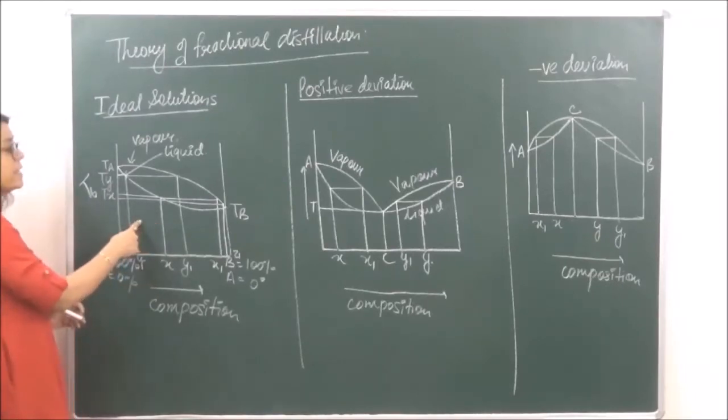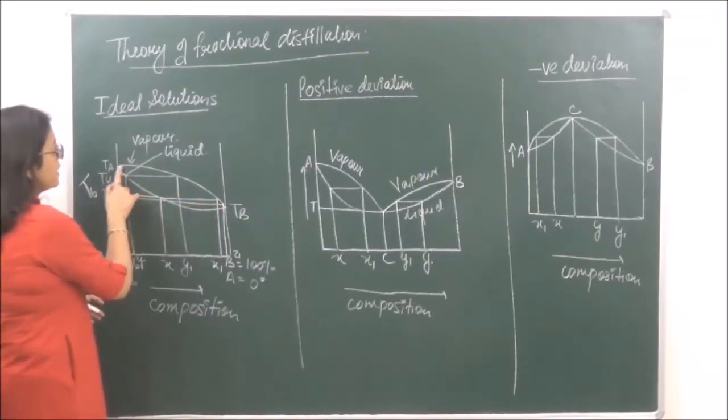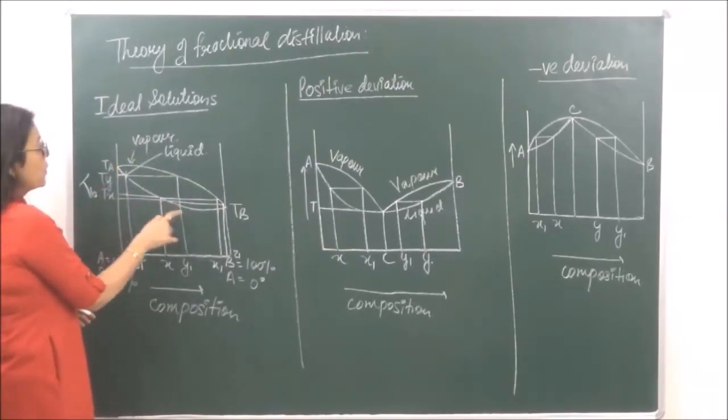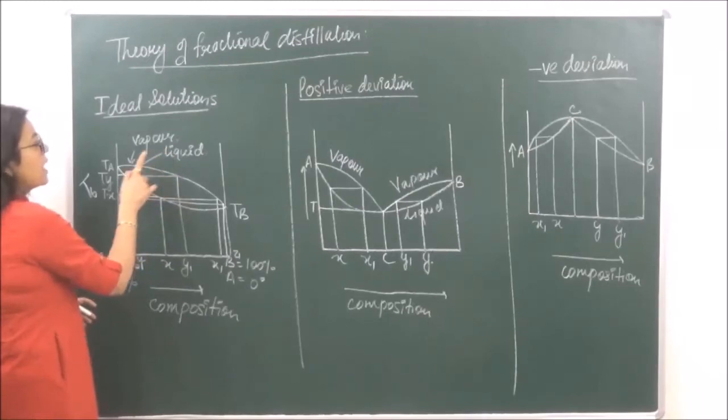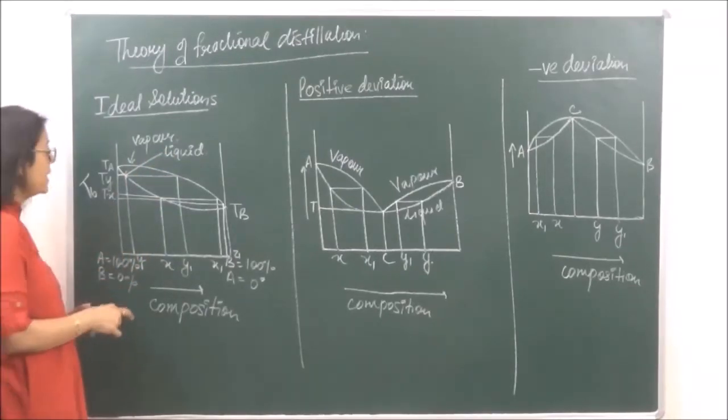Over here in ideal solutions, the upper line shows the line for the vapor phase and the lower one shows the graph for the liquid phase, right?